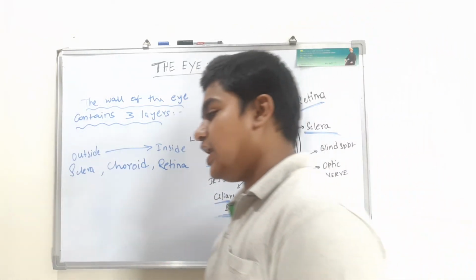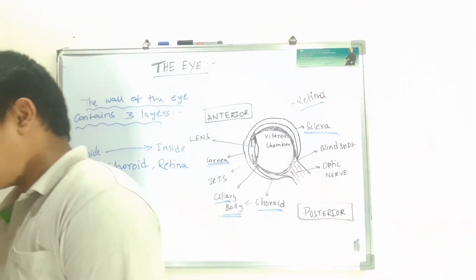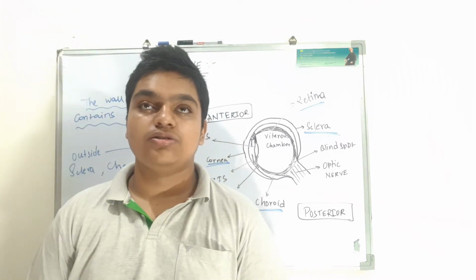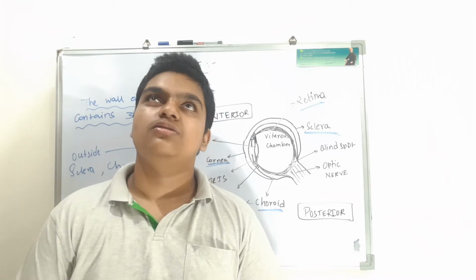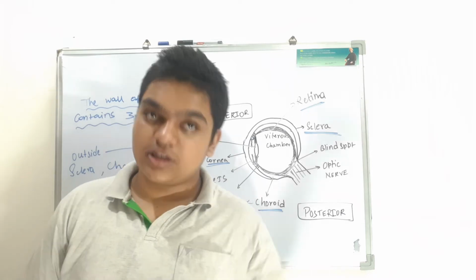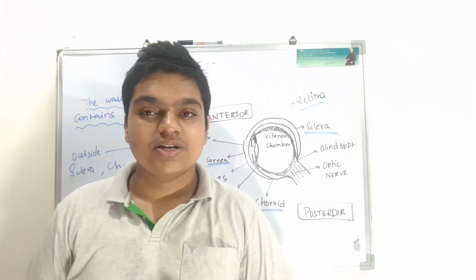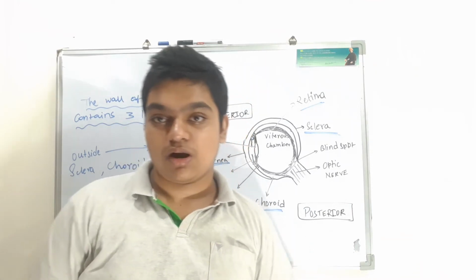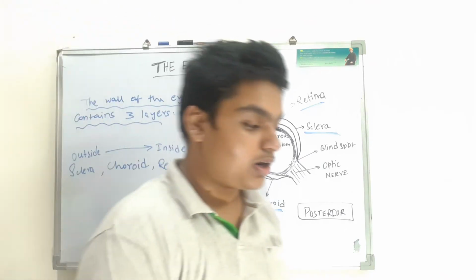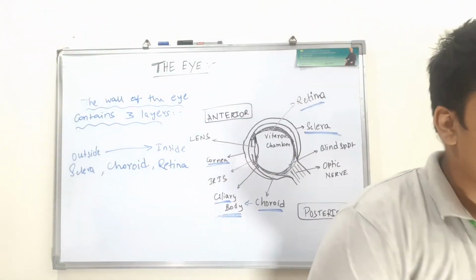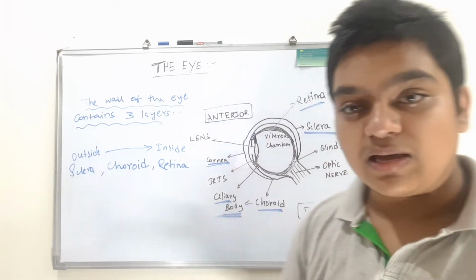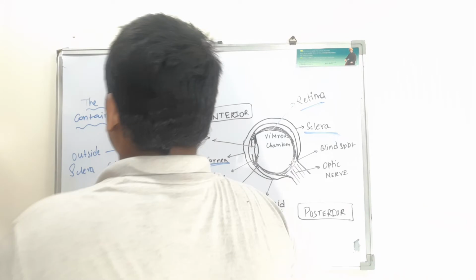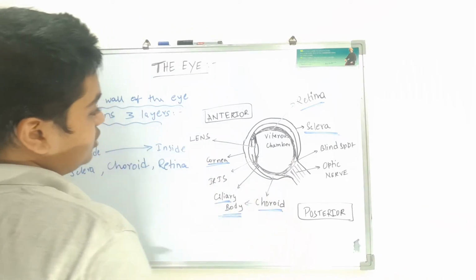Going back to the former videos, I have told you that this retina is made up of bipolar neurons. In the neural structure we have talked about it. I will be telling you about those bipolar neurons also. So now let's move on to retina.